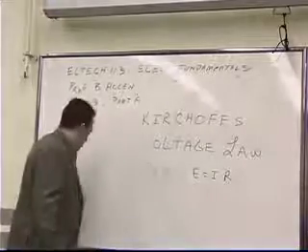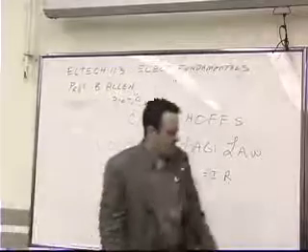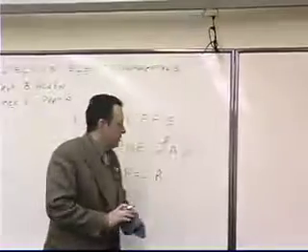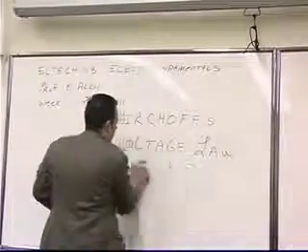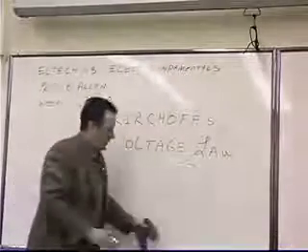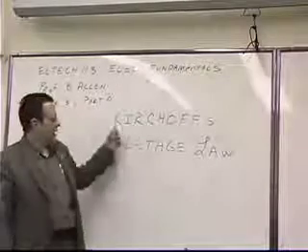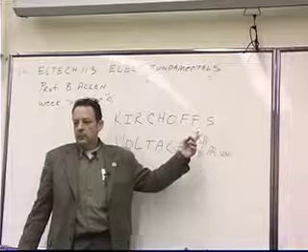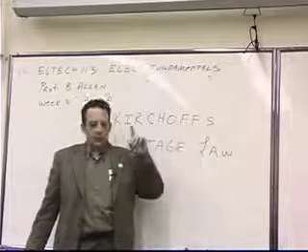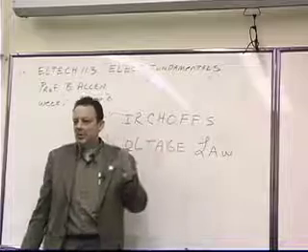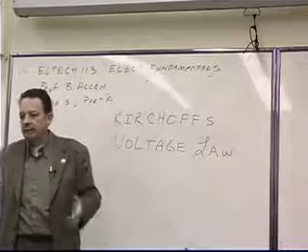Now, when I'm using Kirchhoff's voltage law, I will never, for the rest of this semester, write this out. Number one, I can't remember how to spell it. It takes too long to write it out, and it takes up too much space.